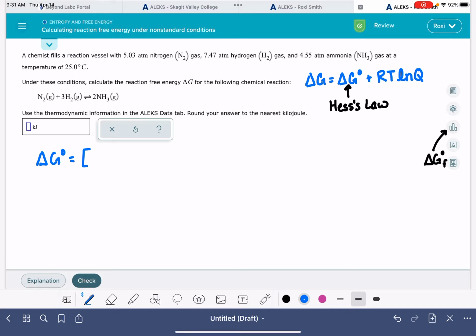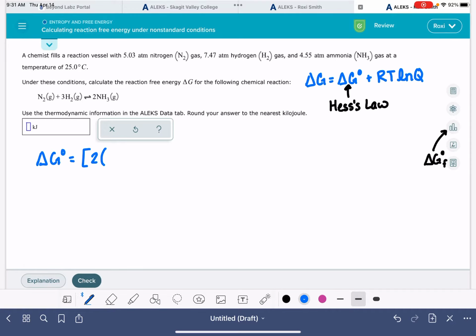So I'm just going to be plugging those numbers in, starting with my product, which is NH3 gas, and I have two of them. Remember, we have to multiply these by their stoichiometric coefficients. And then on my other computer right now, I'm scrolling and looking for NH3 gas.